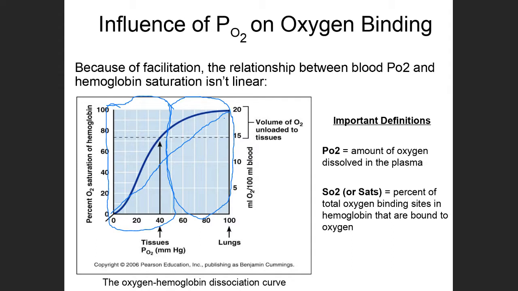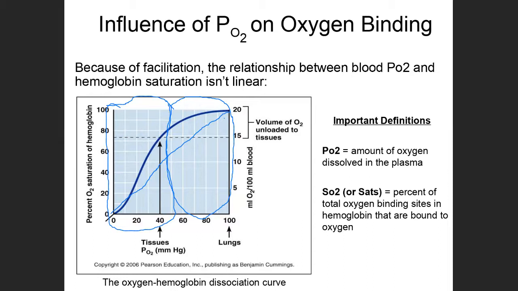We're going to see on this end of the graph, where our plasma levels of oxygen are quite low, that hemoglobin is very willing. It becomes less stingy in that situation and very rapidly gives up oxygen molecules, which makes the saturation rate in the red blood cells decrease really rapidly, as you can see on this side of the diagram.